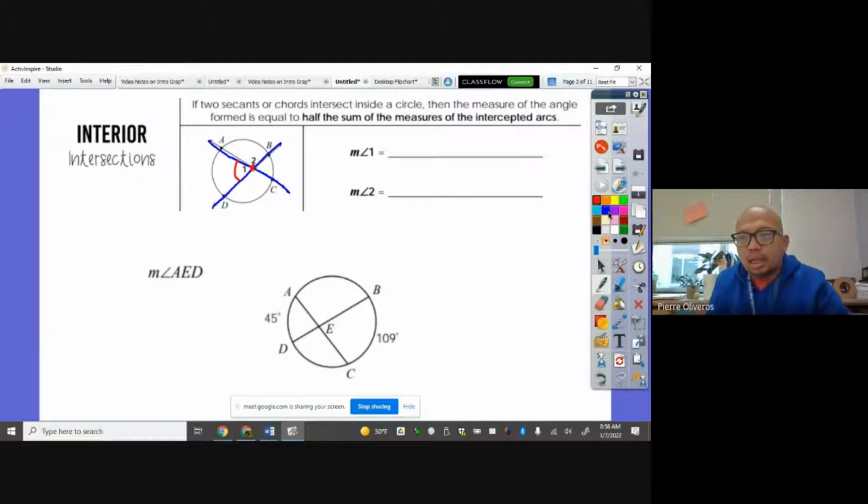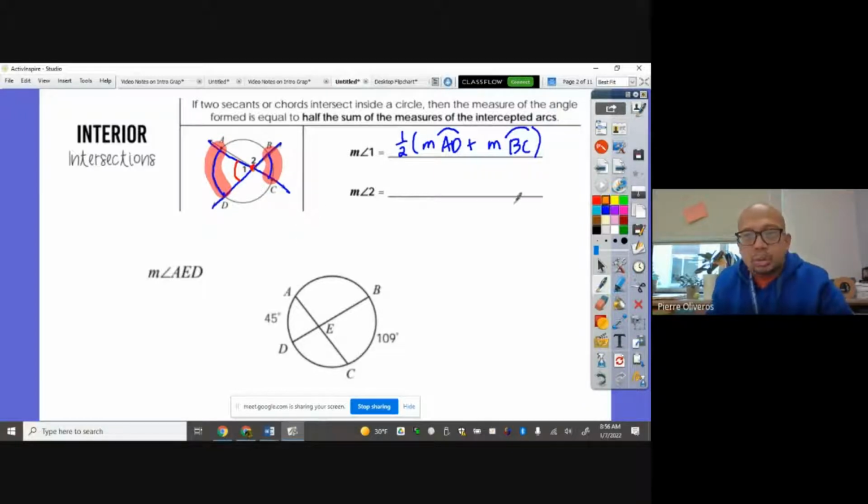For me to determine angle 1, I need to get the sum of arc AD and BC and then divide by 2. So the formula for angle 1 is half of the measurement of arc AD plus the measurement of arc BC. Take note, I'm only using the arcs that are basically opposite, or the arcs being formed by angle 1.